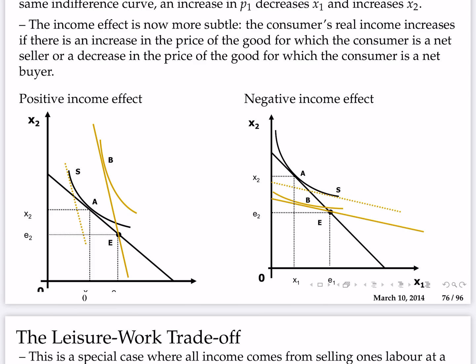Because of this additional effect, we can have upward sloping demand for a normal good, and that's exactly what's going on here. X, the first good, is a normal good, but demand goes up when price goes up. Some people say this is what happened in Ireland in the 17th, 18th, or 19th century, I don't know when.